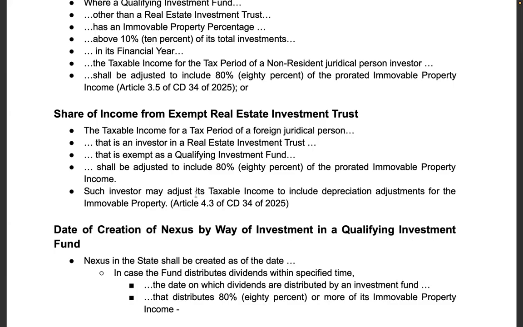Such investor may adjust its taxable income to include depreciation adjustments for the immovable property. So that investor may adjust the taxable income to include depreciation adjustments for the immovable property.